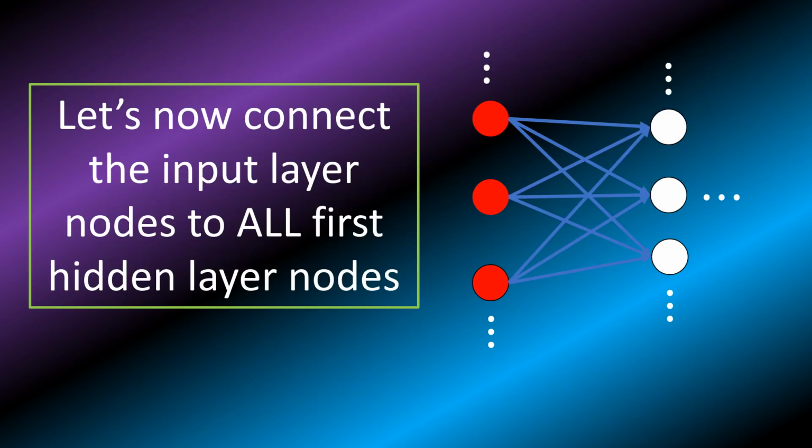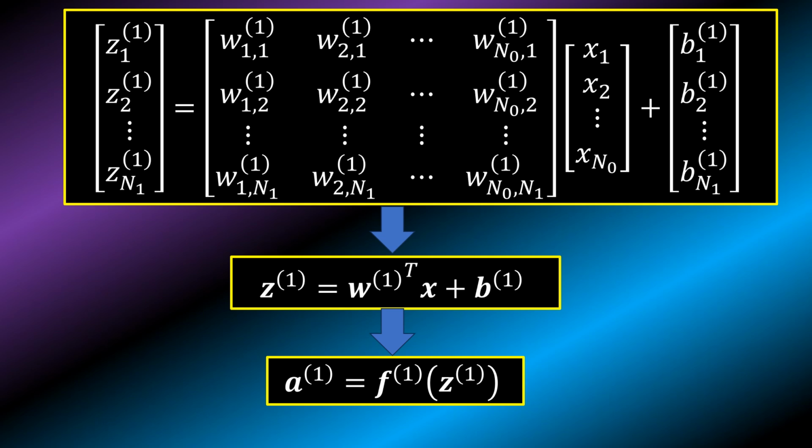Let's now connect the input layer nodes to all first hidden layer nodes. So we're going to connect each and every red neuron to each and every white neuron in the first hidden layer. And so now we have a matrix of weights in which we still have the dot product, except now we're extending it in the vertical direction.